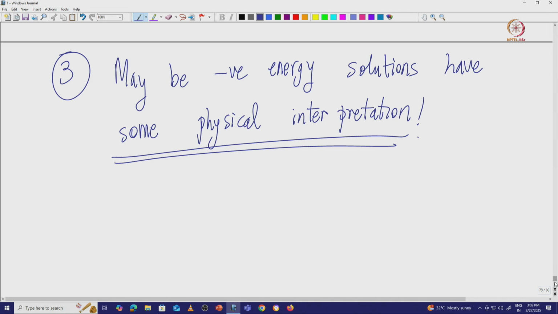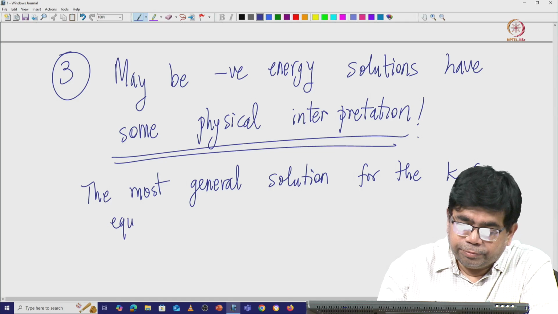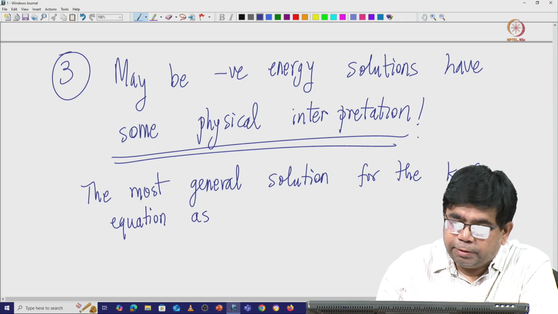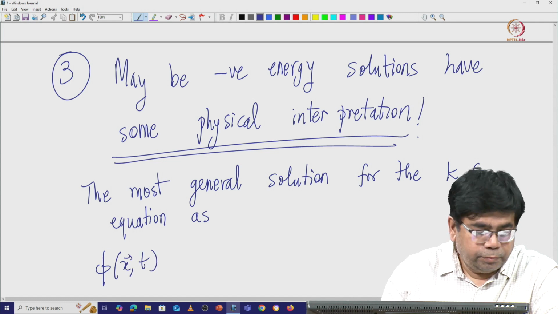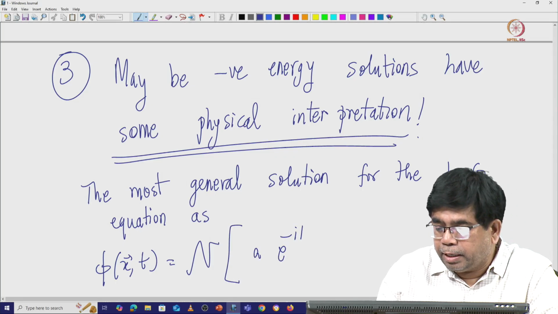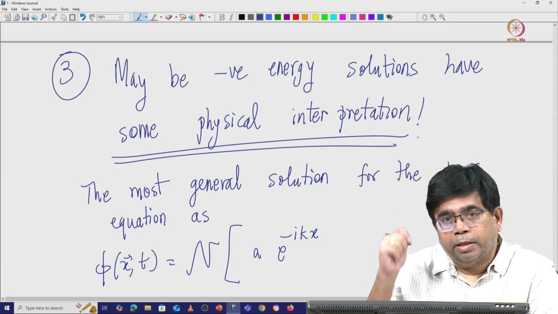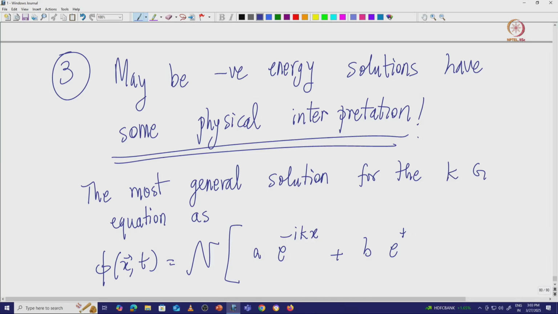In view of this, we can write down the most general solution for the KG equation as phi of x, t equals some normalization constant, some constant a, e to the power minus i k x, again k x means k mu x mu essentially, plus b e to the power plus i k x.